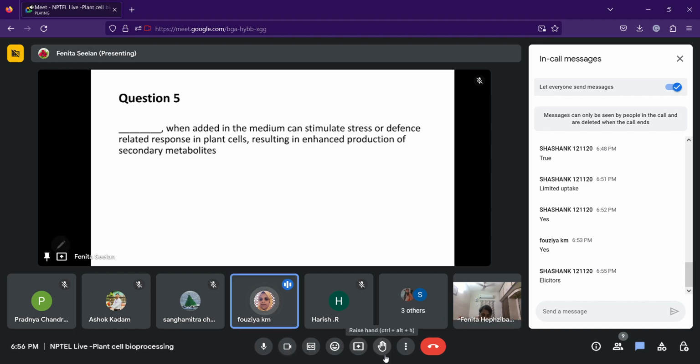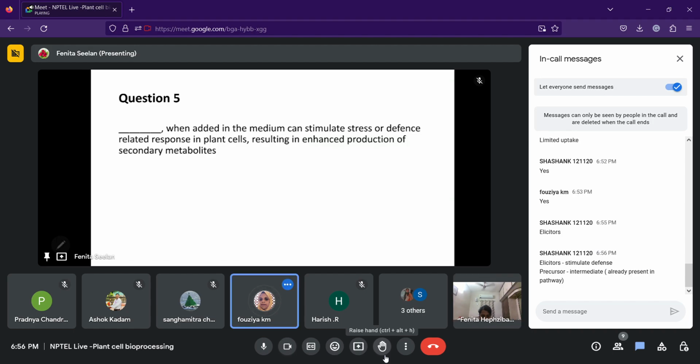The precursors means the substrates that are involved. The intermediates. Okay, are elicitors intermediates or are precursors intermediates? The precursors. Okay, precursors are intermediates. Then elicitors are what?